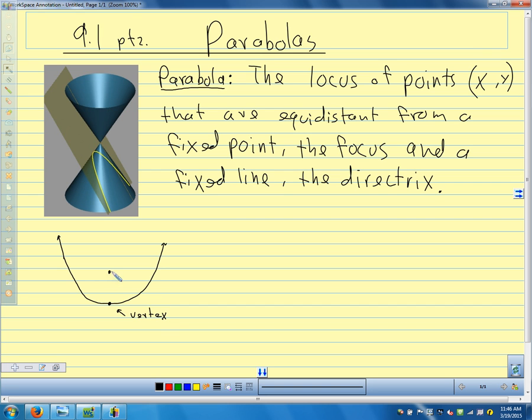Inside the parabola somewhere is the focus. And we'll talk about exactly where it is in just a minute. And then we have this line down here below the parabola. That's our directrix.